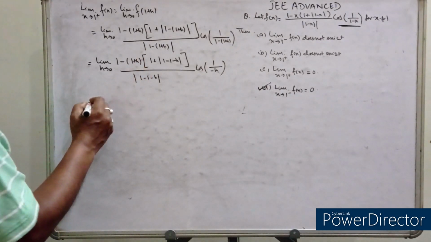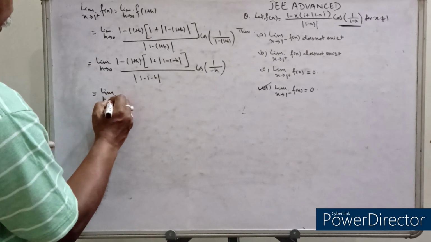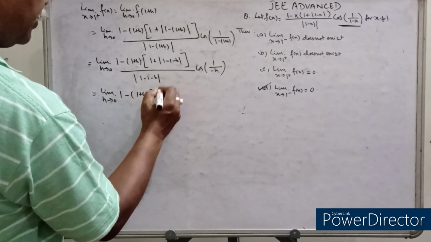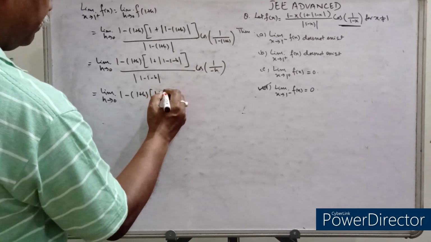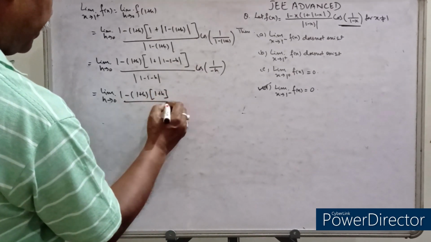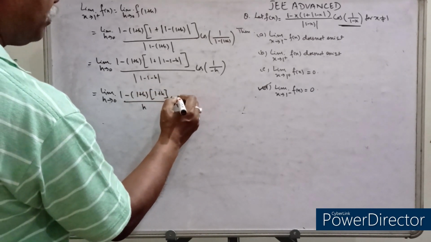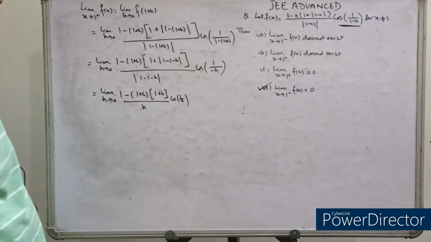So here you see, limit h tends to 0, 1 minus (1 plus h), so this will be 1 minus modulus... this will be plus h, divided by minus modulus h, and cos of minus theta is plus cos theta. So this comes out to be this.